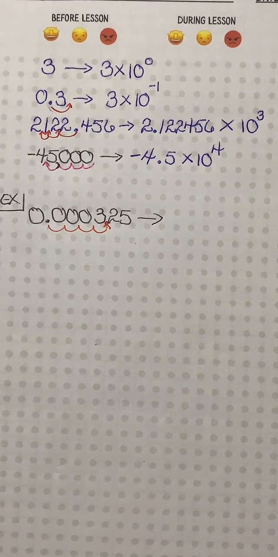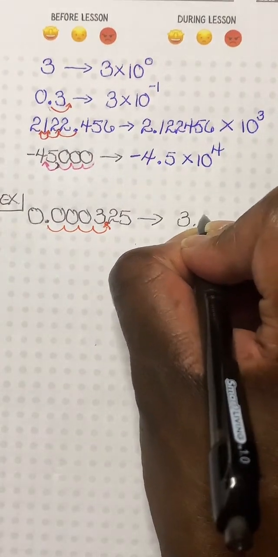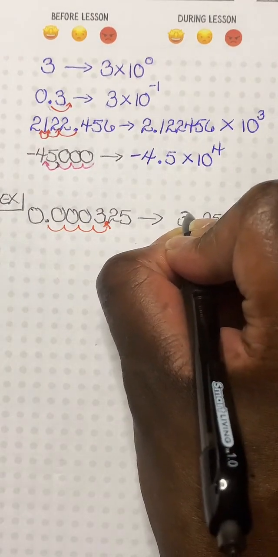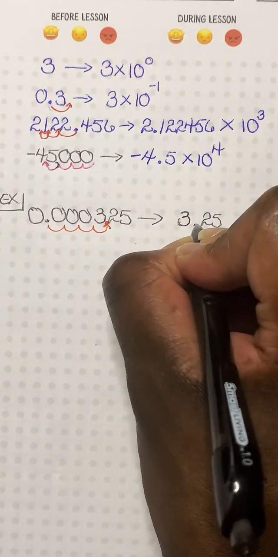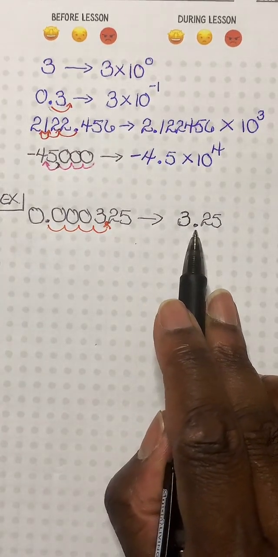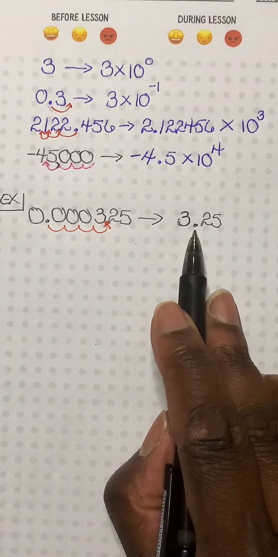So we should have our 3.25. Okay, so for those that had it as 0.325, it's 3.25. We want to have a whole number to the left of that decimal. Does that make sense? Okay, so that first whole number, yes, would be 3.